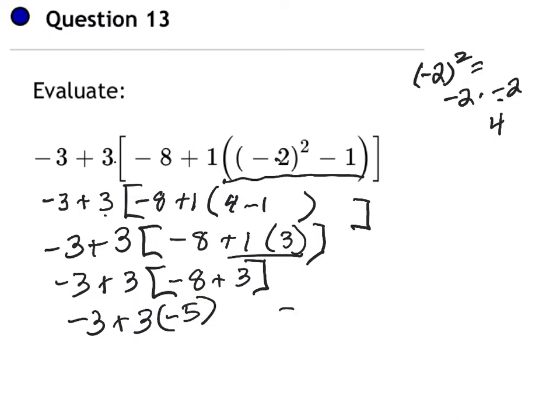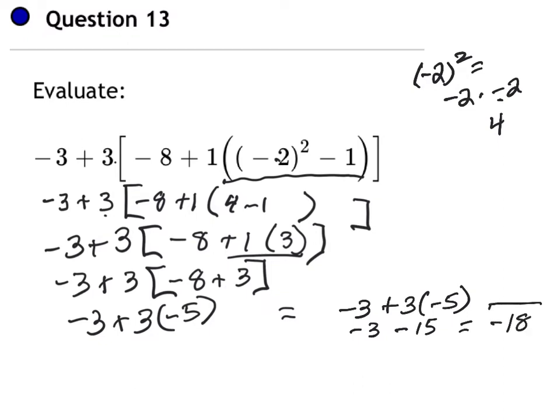I'm going to go out to the side here. So that is negative 3 plus 3 times negative 5. So that would be negative 3. 3 times negative 5. Positive times a negative is negative. 3 times 5 is 15. So signs are alike now. I'm going to add, take the common sign. I get a negative 18.